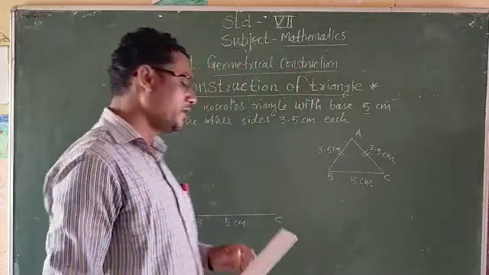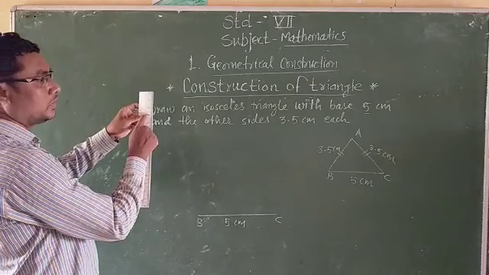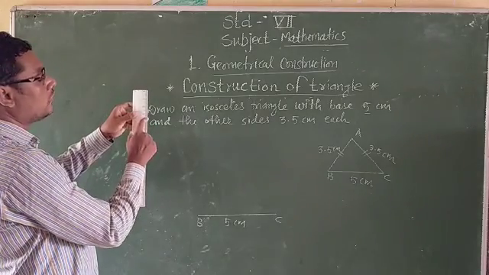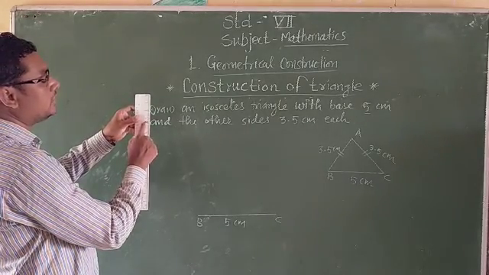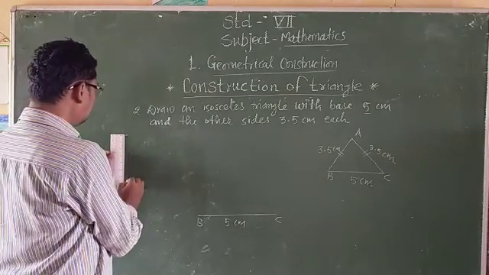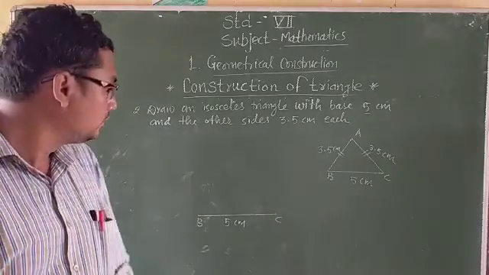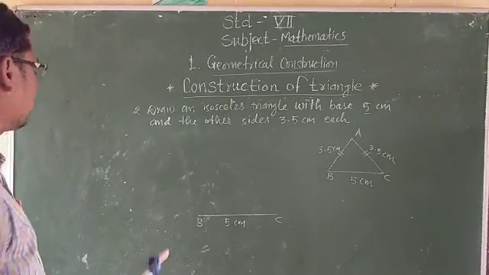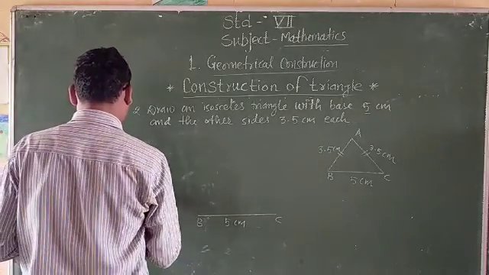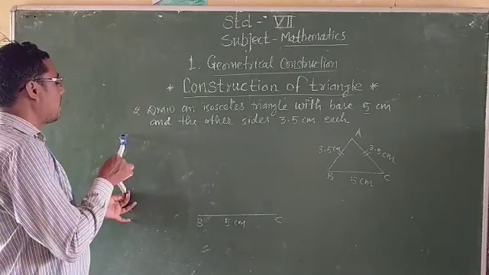AB is 3.5 and AC is 3.5. Look here on the scale, after 3, count 5 lines. In the middle we get 3.5.